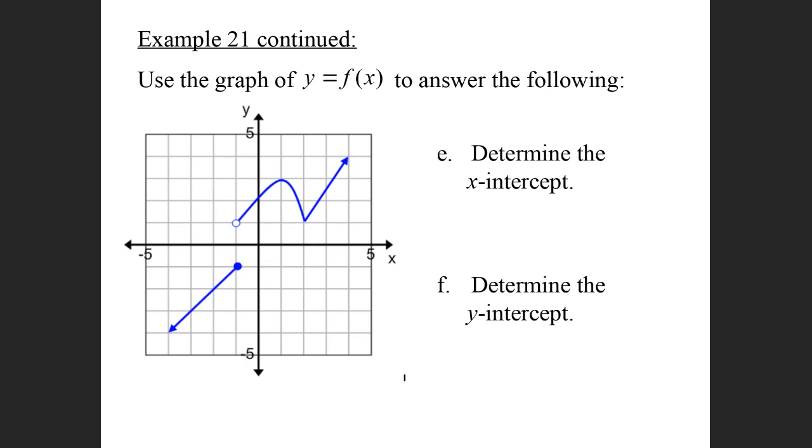None. Not 0. 0 is a number, right? So this function does not have any x-intercept, because it does not intersect the x-axis. Okay, determine the y-intercept. 2. Just 2. You write 2.